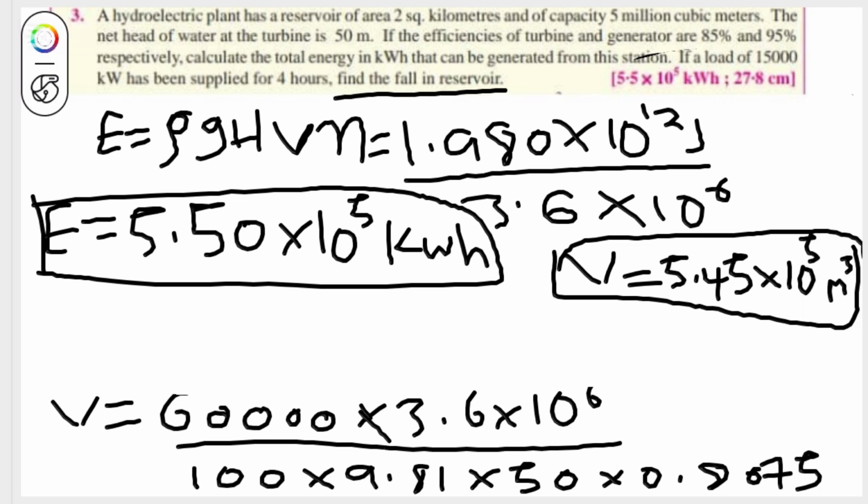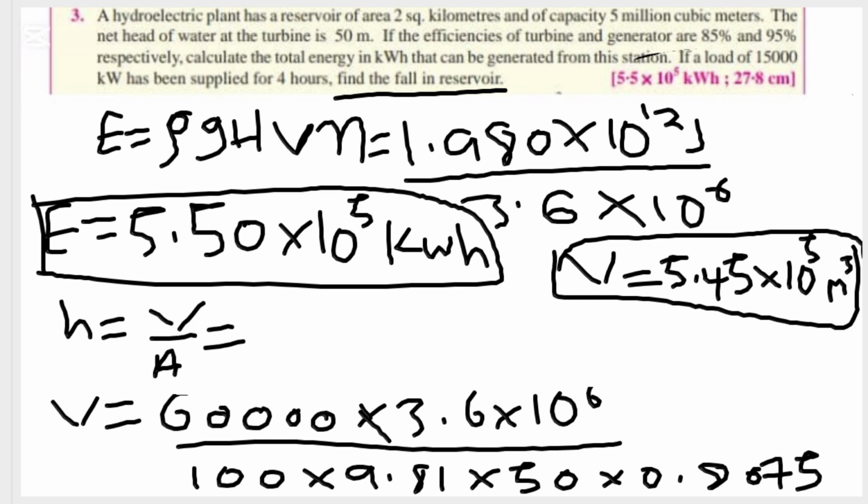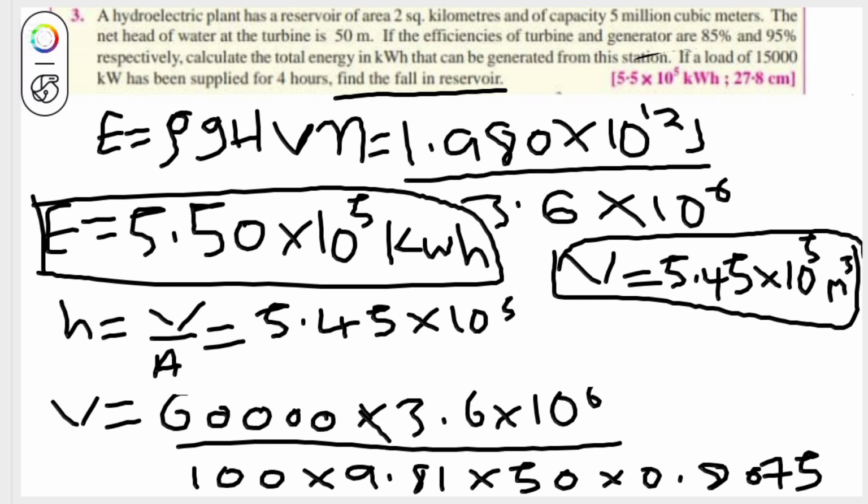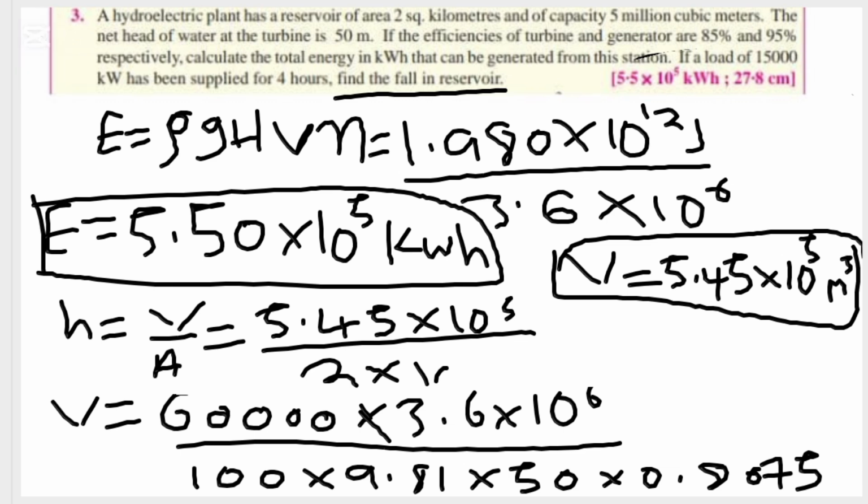To find the fall in the reservoir, the height is the same thing as volume over area. So therefore it will now become my V, which is 5.45 multiplied by 10 raised to the power of 5, divided by the area, which is 2 times 10 raised to the power of 6. This is the area, you have to take note of that.